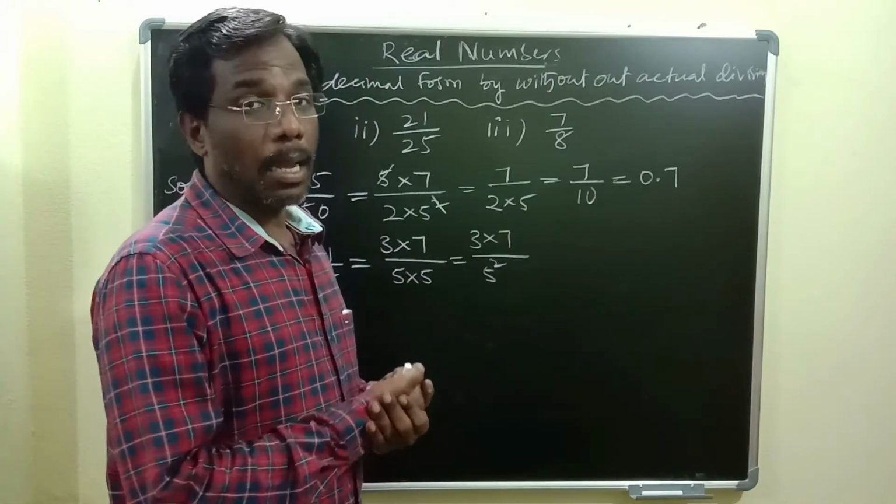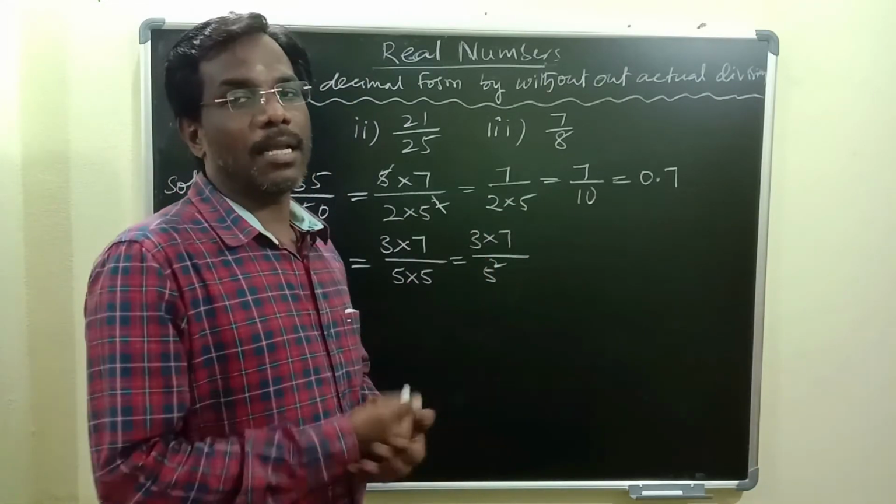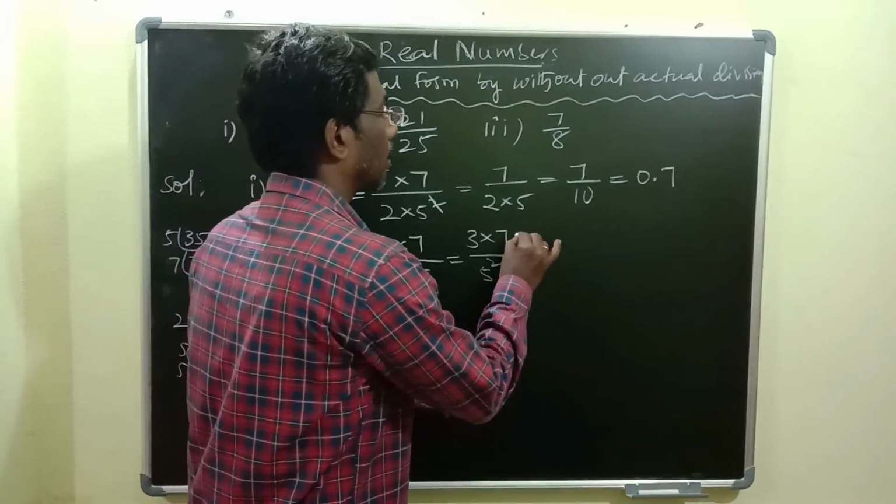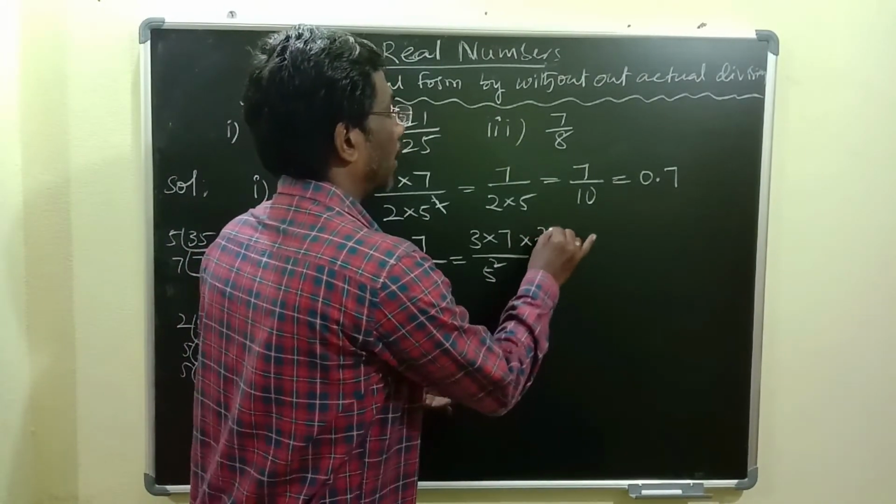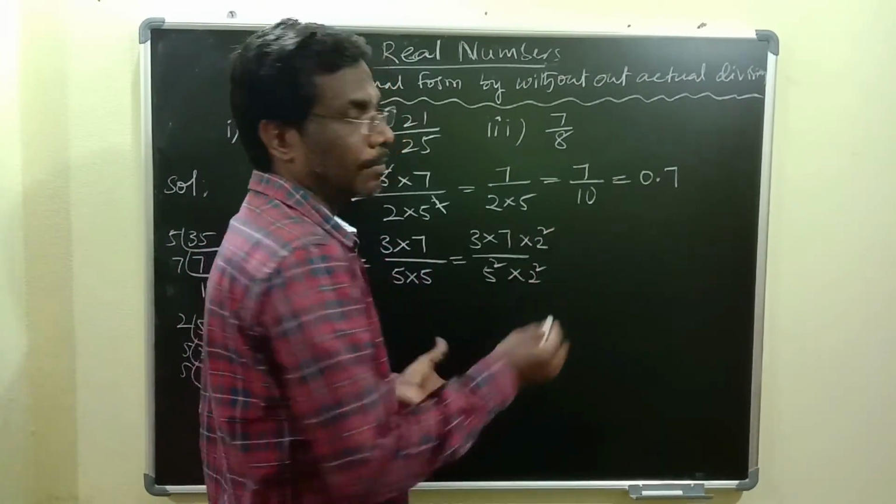That's why I am multiplying and dividing with 2 square, so 2 square into 2 square.